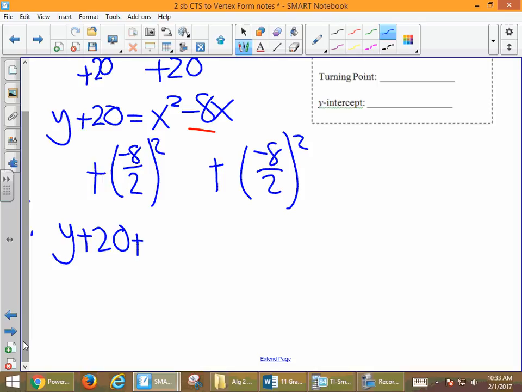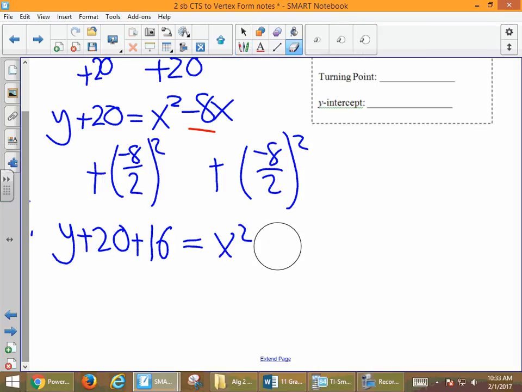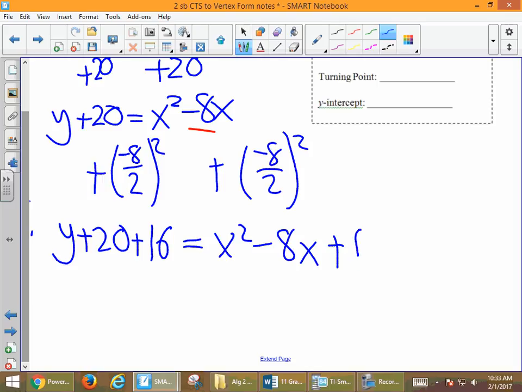Negative 4, and then what's negative 4 squared? 16. So we have plus 16, and then whatever we added to one side is going to be the same on the other because we added our negative 8 over 2 squared to both sides. So we have x squared minus 8x plus 16.